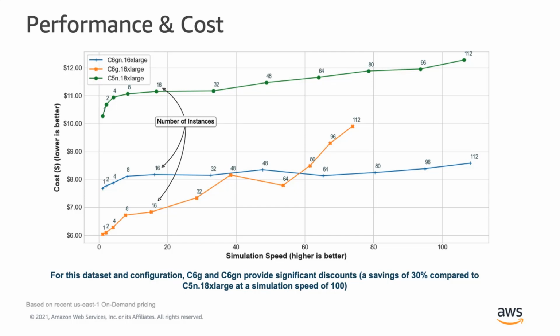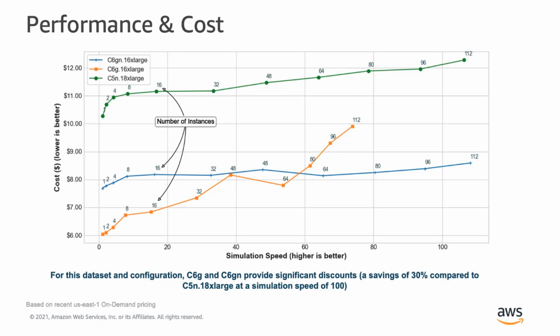So even if I said I absolutely need a simulation speed of, say, 80, it looks like approximately 80 C6GN instances will give me the best price to do that. And it's about 30% more in some cases to use the C5N to get me the same results in about the same time.